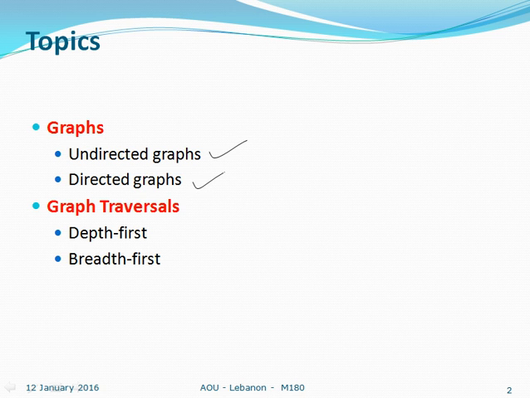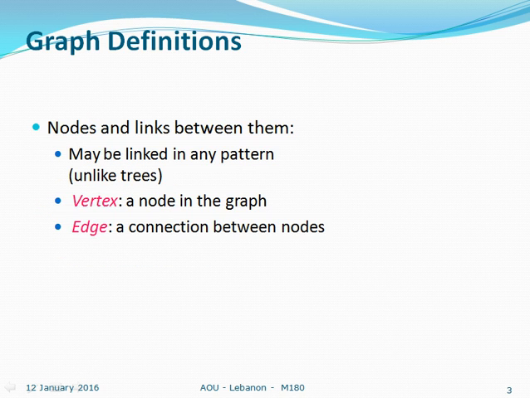Moving ahead, we are going to discuss graph traversal, two types of graph traversals, that is depth first and breadth first traversal techniques. Starting with graphs: a graph is nothing but a set of nodes linked by a set of edges, whereas a node is called a vertex, and the link between two vertices we call an edge.